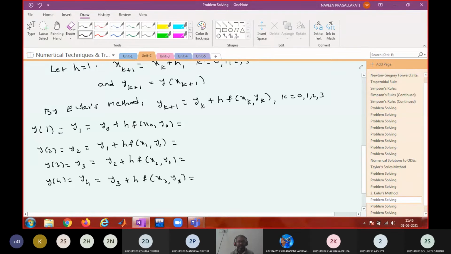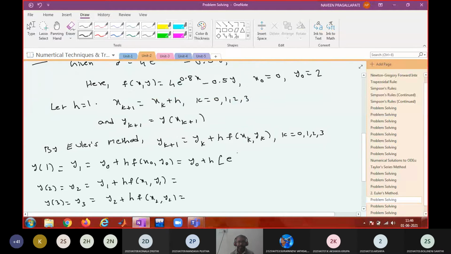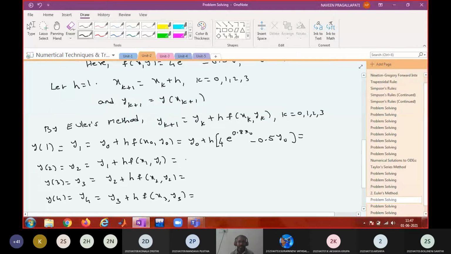So this is y naught plus h into 4 into e power 0.8 x naught minus 0.5 into y naught. So this is y1 plus h into 4 e power 0.8 x1 minus 0.5 y1.